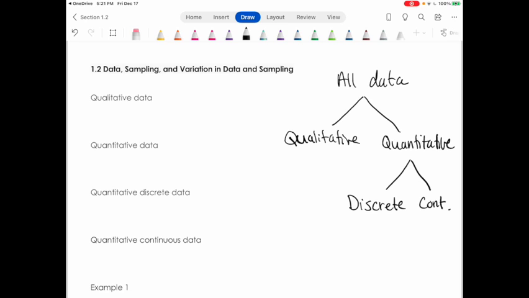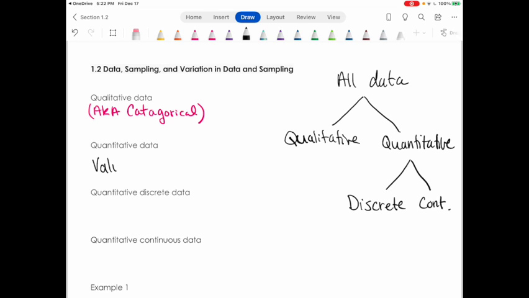All right, so now let's talk about the difference between the qualitative and the quantitative. So qualitative and categorical data are the same thing. It's just two different ways of saying it. So if you see that in another textbook, you'll know what they're referring to. Okay, so the difference between qualitative and quantitative is that quantitative deals with values that are measured and counted.